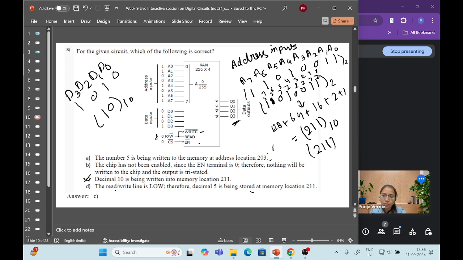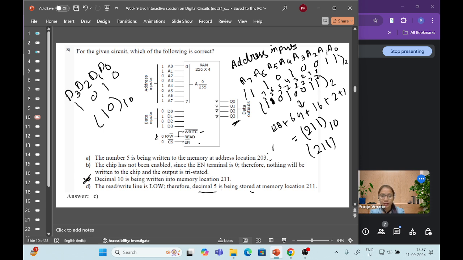The fourth option says the read or write line is low, therefore decimal 5 is being stored at memory location 211, but the decimal value is 10, so that is incorrect. Option C is the only correct option for this question.